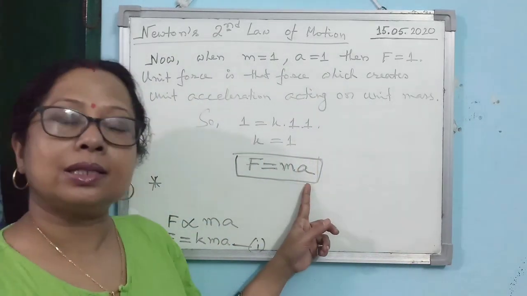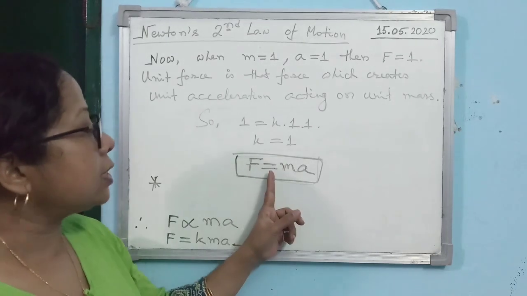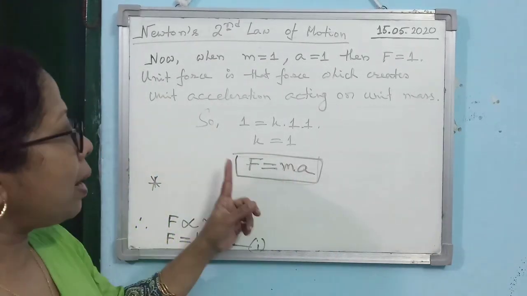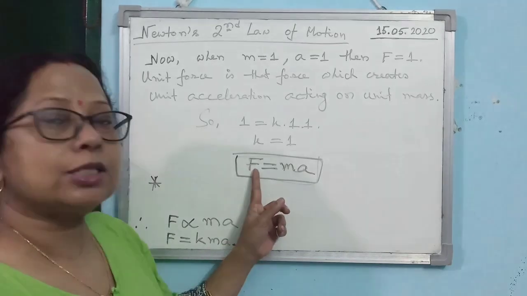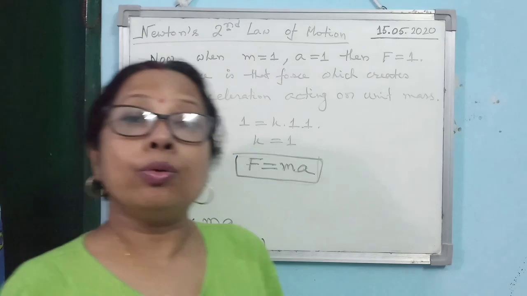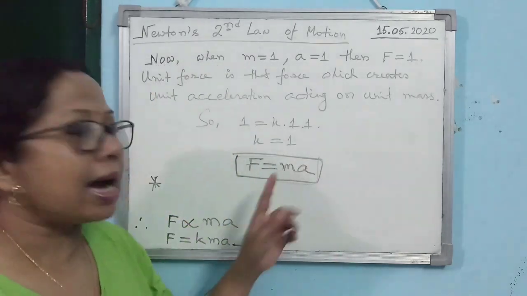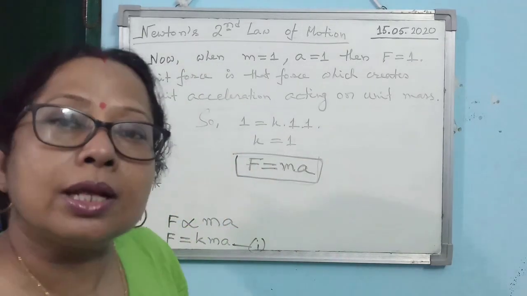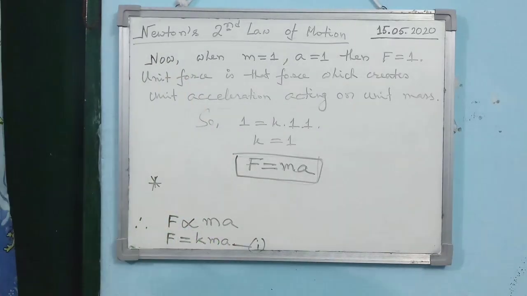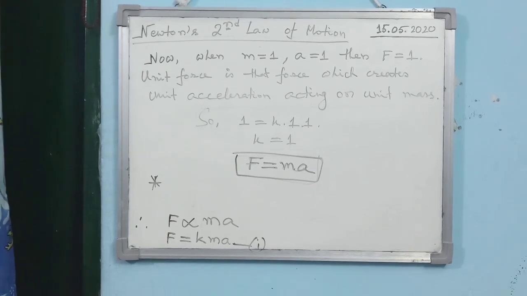By utilizing this equation: force is equal to mass into acceleration. But remember, when we apply this, we consider that mass is a constant quantity. So force is equal to mass into acceleration is the formula we are getting.